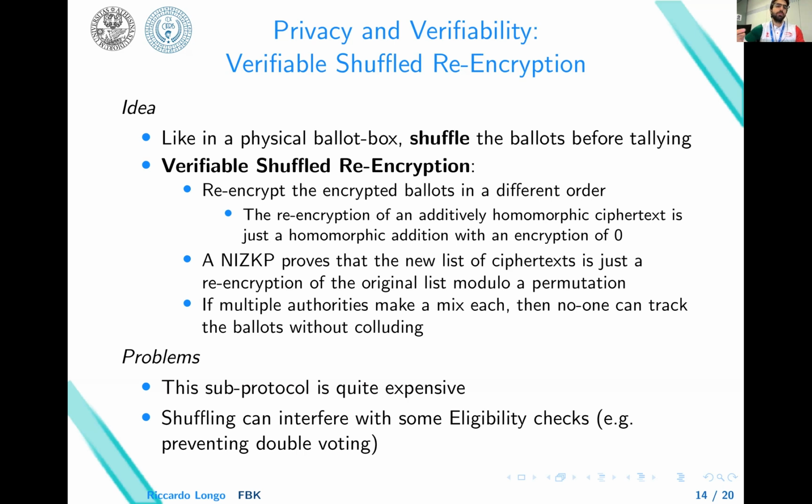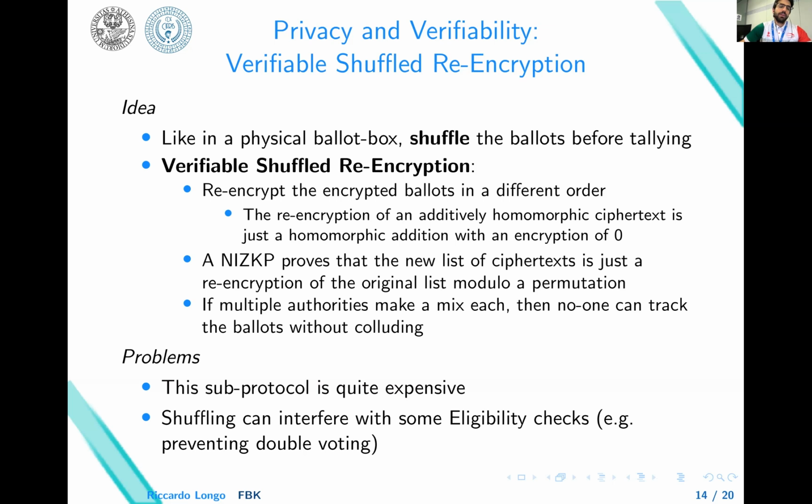So even if we reveal the content of the votes afterwards, we are protected against a lot of possible attacks. Not all of them, but we have some protection. So we have to verifiably shuffle and re-encrypt the ciphertexts. Why re-encrypt? Because we have to hide the connection between the ciphertexts in the original list and the shuffled list.